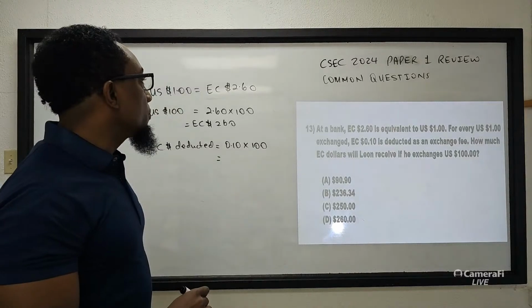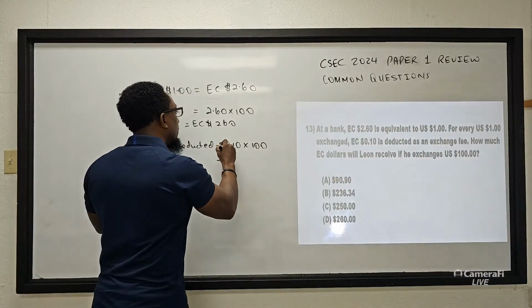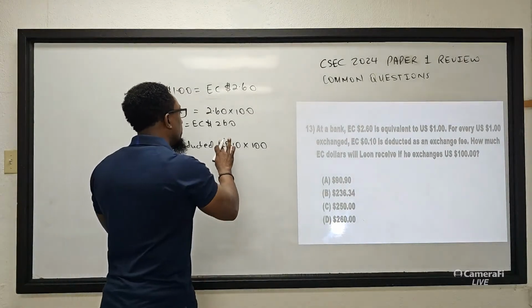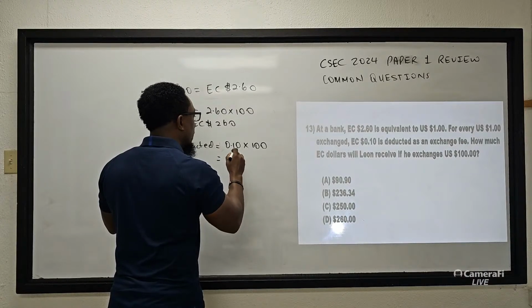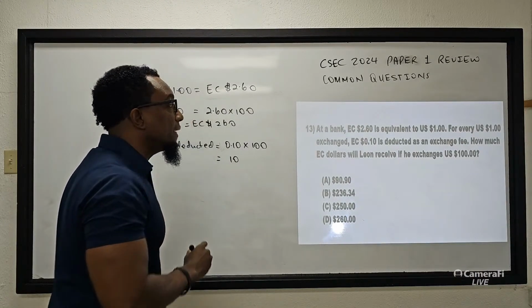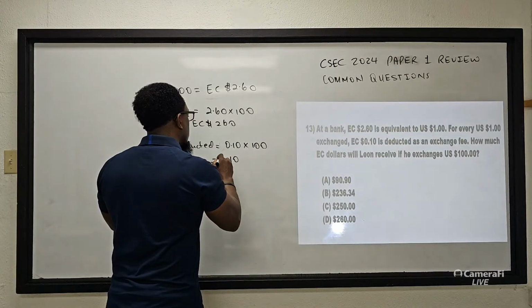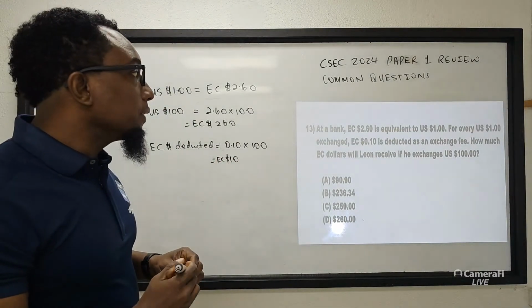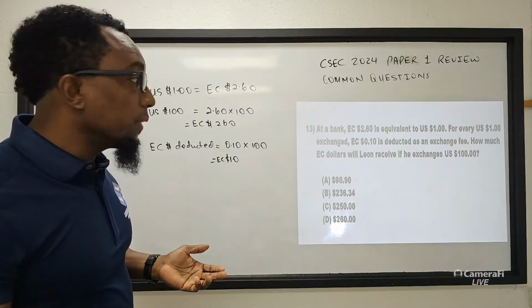Alright? And that will give us what? When we multiply 10 cents EC by our 100, we are going to get 10 EC. So EC $10. So how much EC dollars will Leon receive after exchanging US 100?